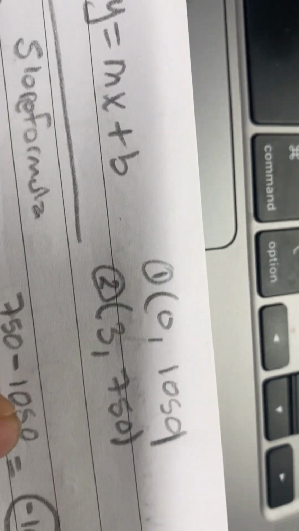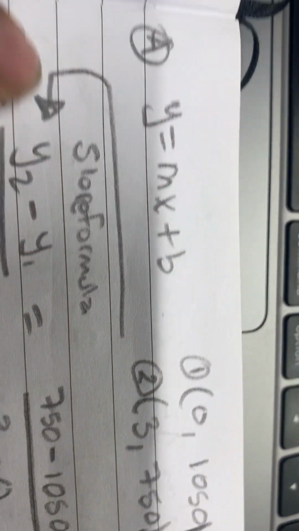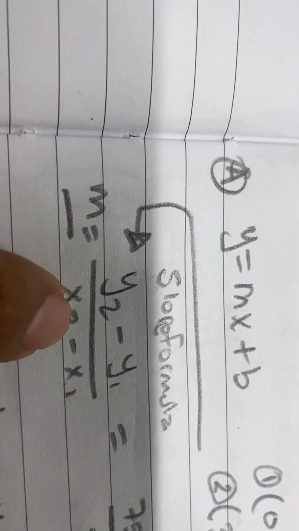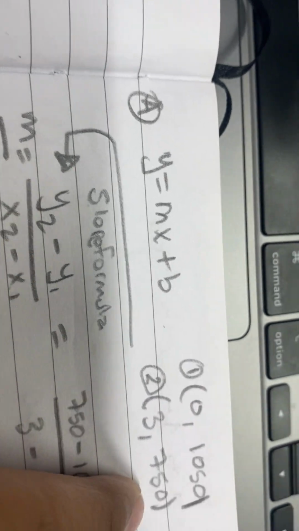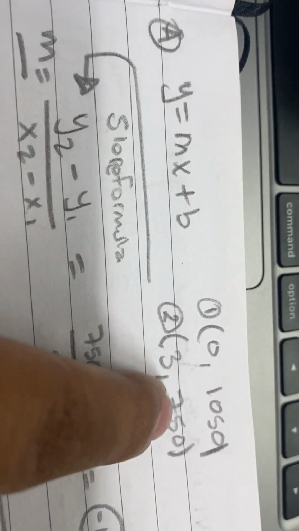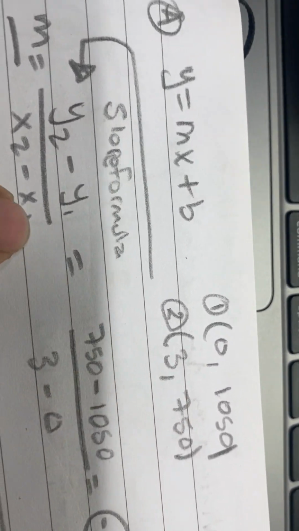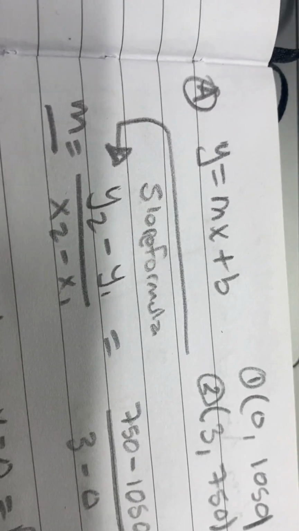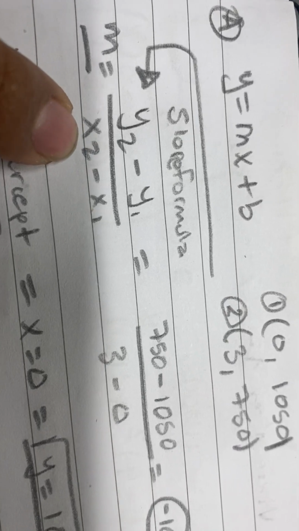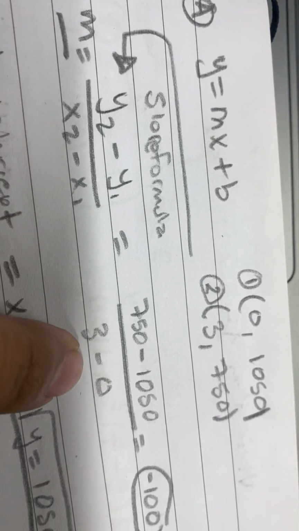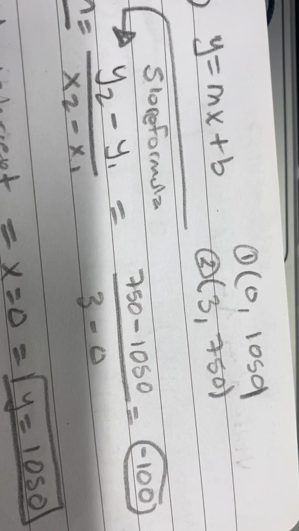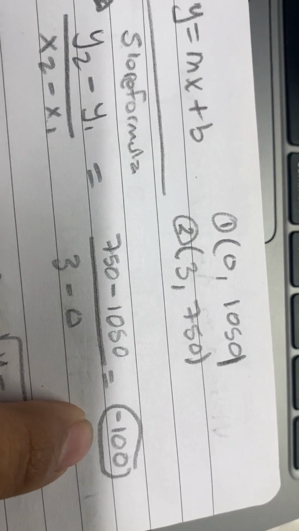Now once we know these variables, we use the slope formula, which is this, where y2 is this 750. We substitute minus y1, divided by the change in years, which is year 3 minus year 0, which is 1929, and we get the value of 100.